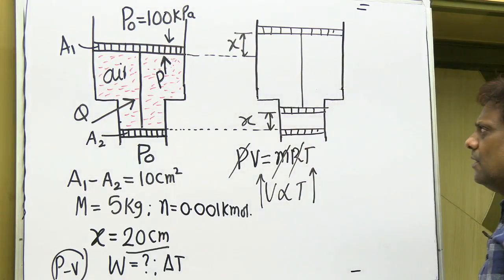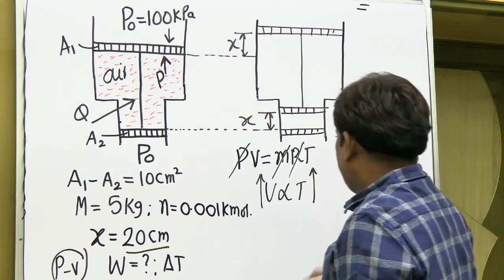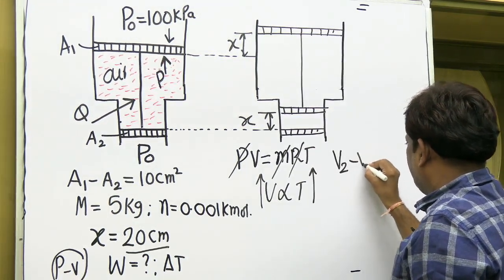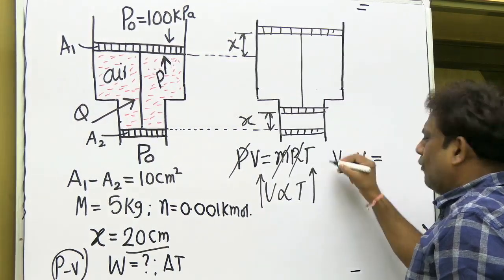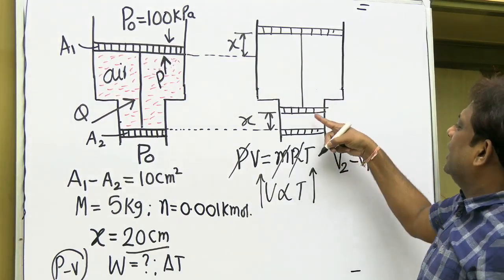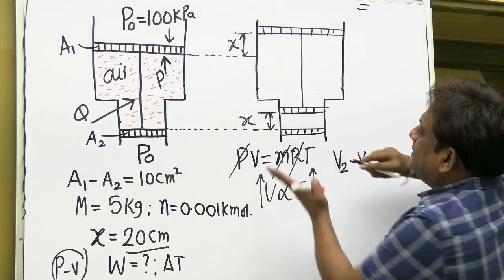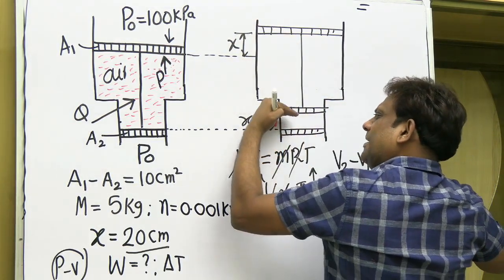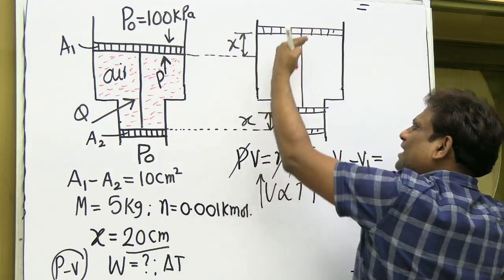Very good. Very simple, my dear students. The change in volume is equal to change in area into the distance moved. This is moving by x, and this is moving by the same x because it is an integral one assembly.